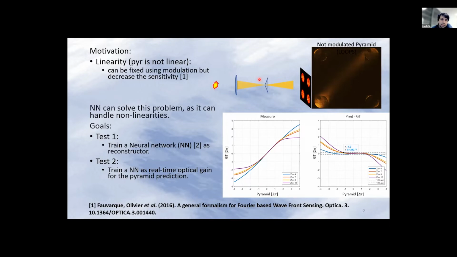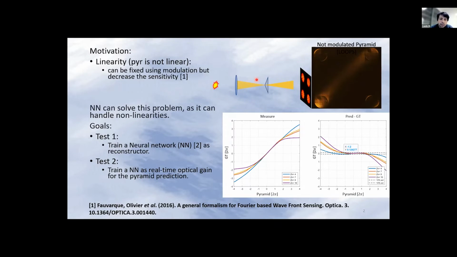So in this case, if we want a better reconstruction of the system, we have to use a modulation. It's moving the focal plane around the apex of the pyramid. So we have more information, and we obtain a good measure of the pyramid.